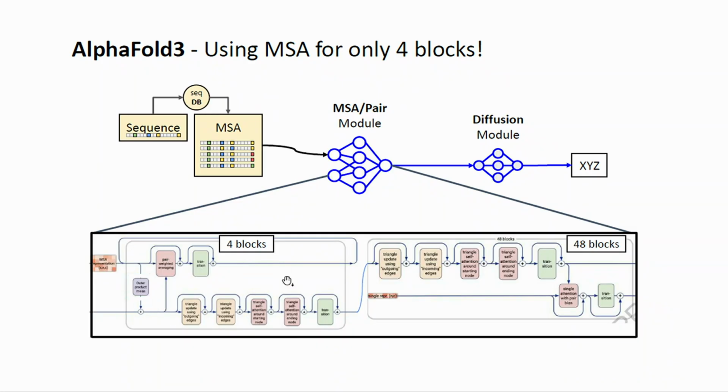So they only have 4 blocks that really start from the MSA and pair track, and do the full outer product mean and triangle updates, which they preserve exactly the same way as in AlphaFold 2. And then once we get this final pair track, we can throw away the MSA and only do recycling on this pair track information with an additional 48 blocks of Pairformers with triangle updates.